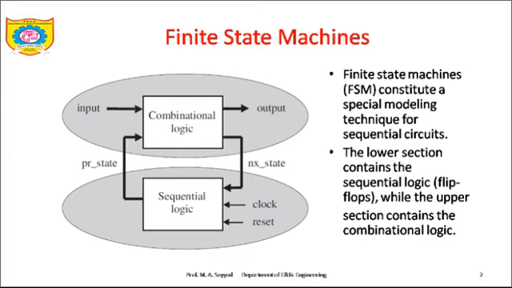This figure of an FSM consists of input applied externally. The sequential circuit is calculating the present state based on the next state, clock and reset input, and the output is calculated with the help of the present state and input.